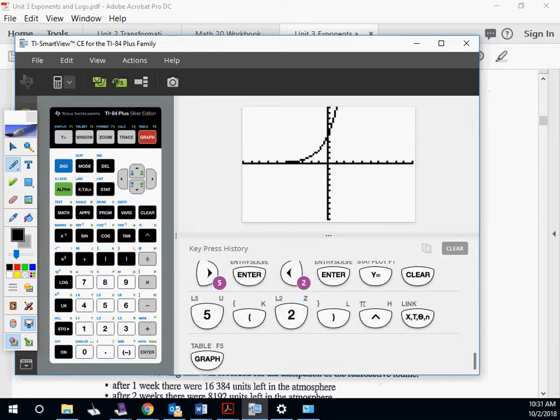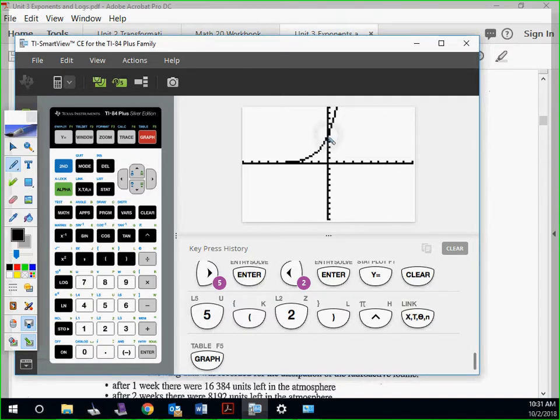And so there's what your exponential function looks like. Okay, things to point out in this. You can see right here is 5. That's the start right there. You can also see that it's taking off very quickly. So it's going really fast.